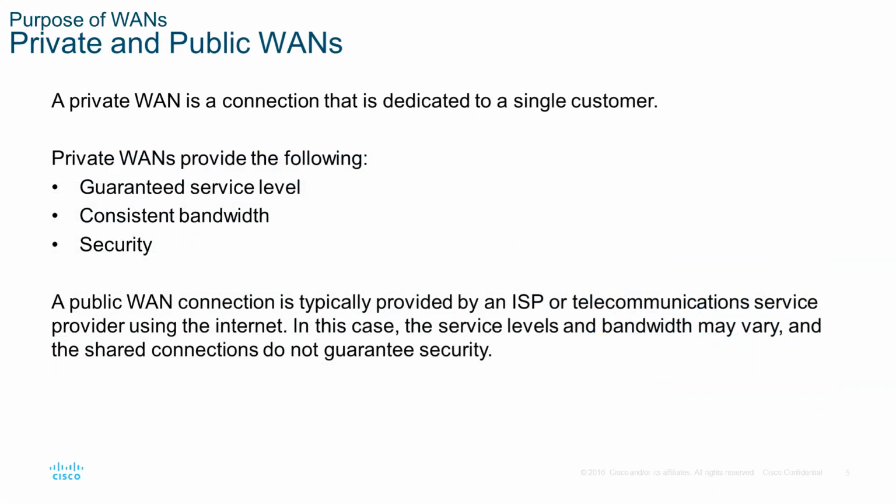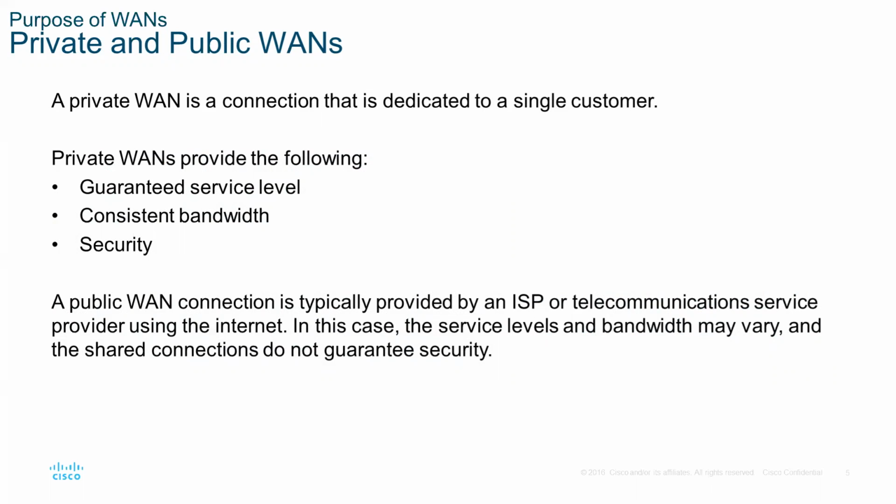So with a private WAN, we can control our service levels, so what we're guaranteed to have as far as connections between our sites. It gives us more consistent bandwidth and constant security that is applied by our organisation.